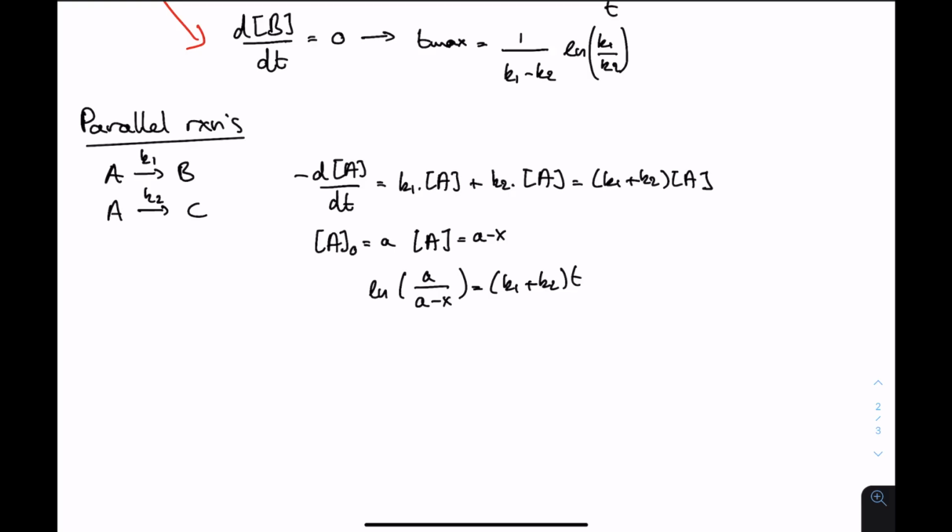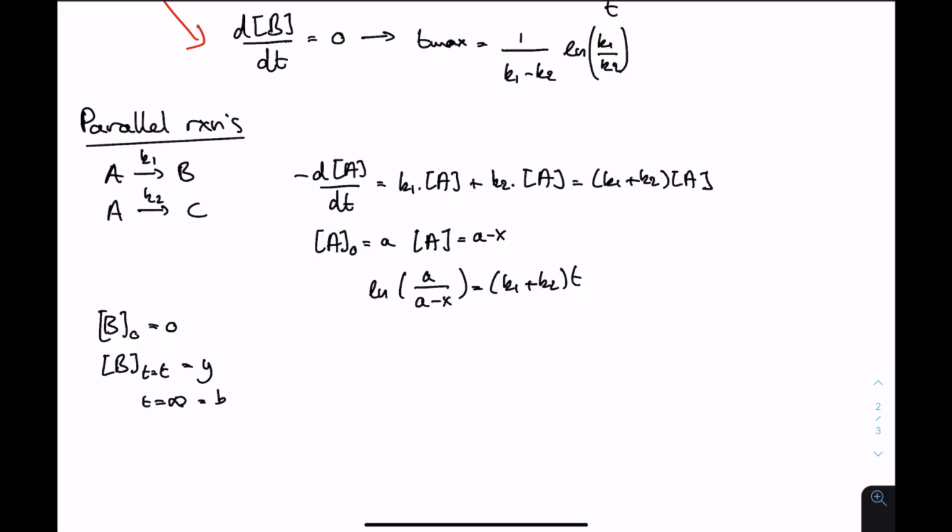Okay, so let's assume that initially the concentration of B is 0, and at time t we'll call it Y, and at infinite time we'll say it's B.